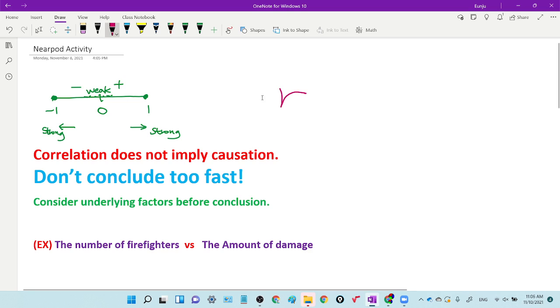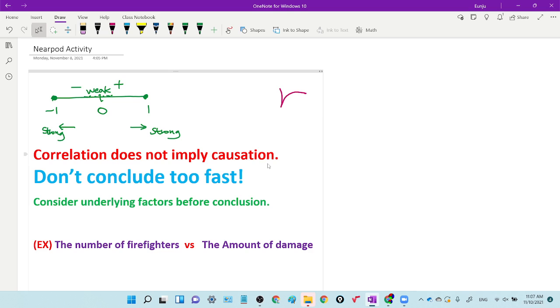And I need to make sure you understand correlation does not imply causation. It can be sometimes, but not all the time, okay? So correlation, related to each other. Causation, what does that mean? Causation is the terminology for cause and effect, okay? Because of this, and we have this result.